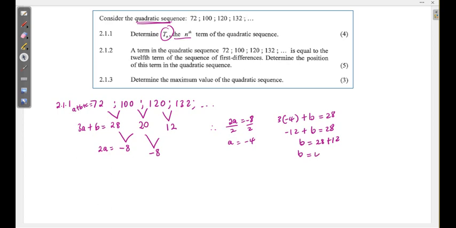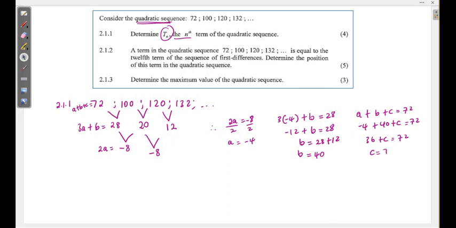Then remember, a plus b plus c is 72. So -4 plus 40 plus c is equal to 72, which means 36 plus c is 72.